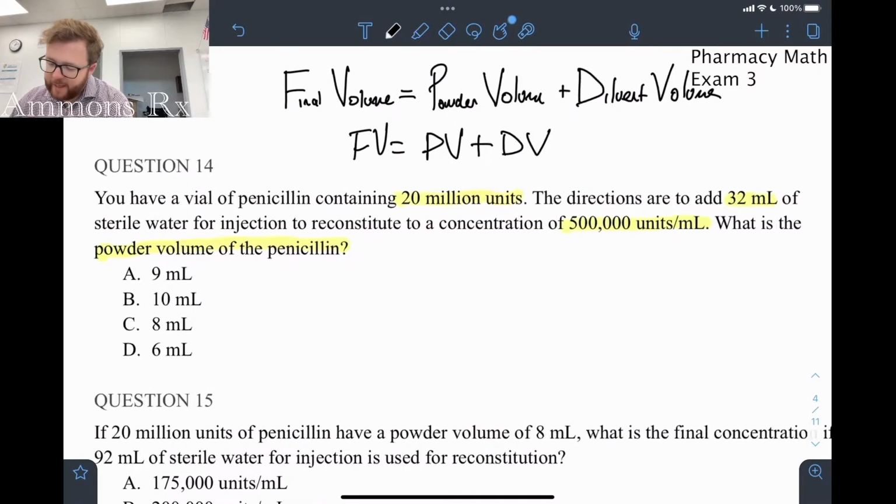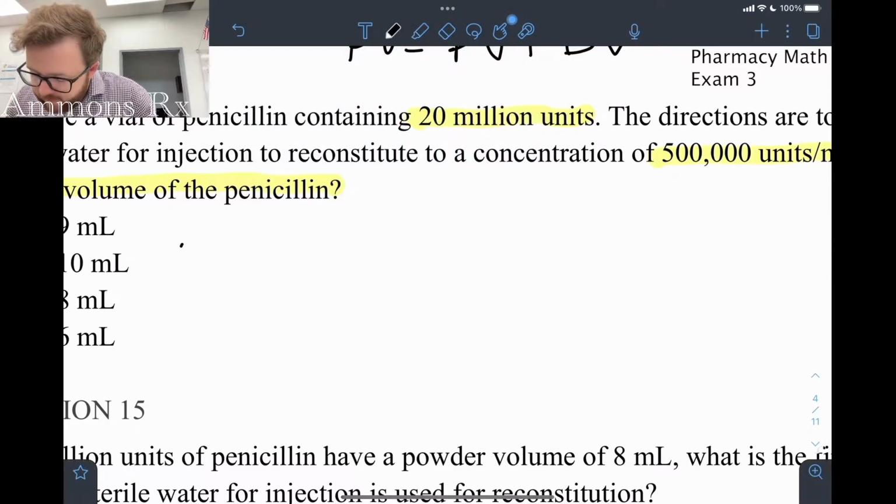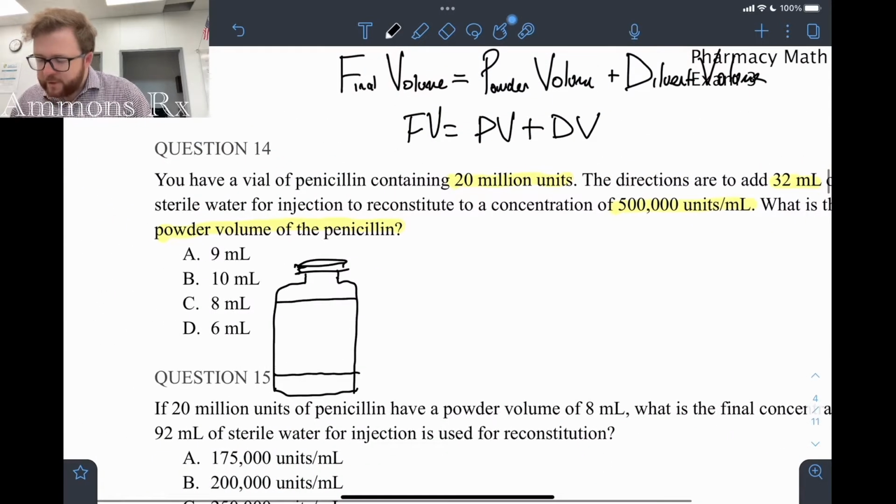So just remember, we have, and I'll draw a picture on the first one, but I'm probably not going to draw a picture for everyone. So we have a vial, and I'll do my best. Okay. So how much drug does this vial contain?